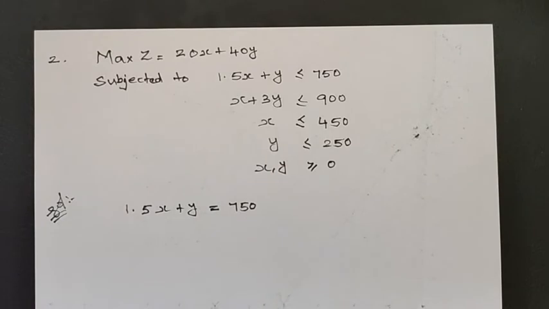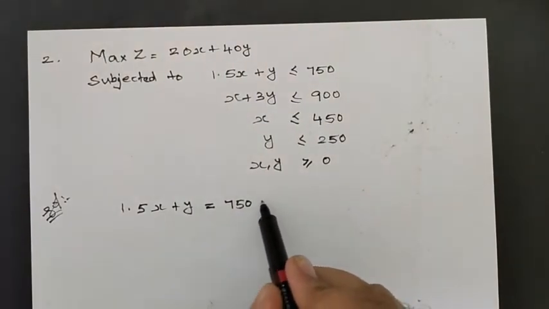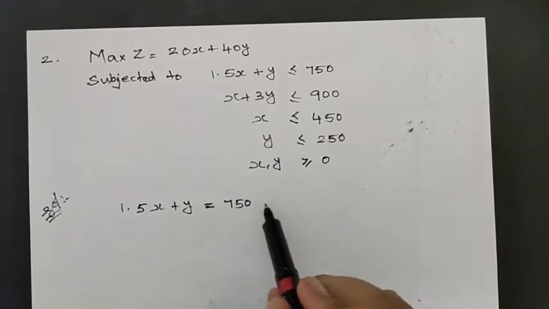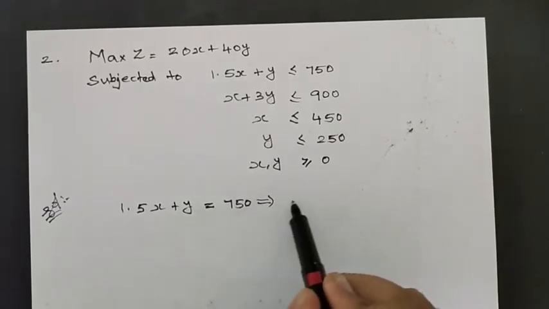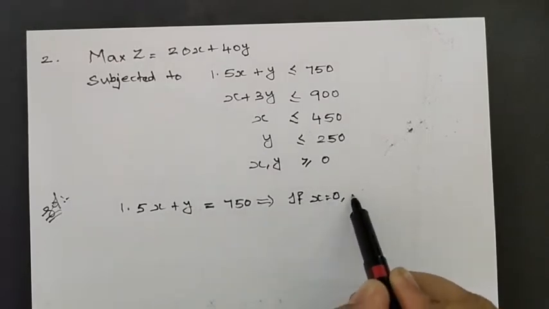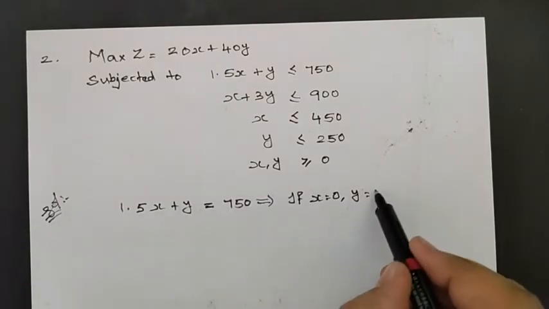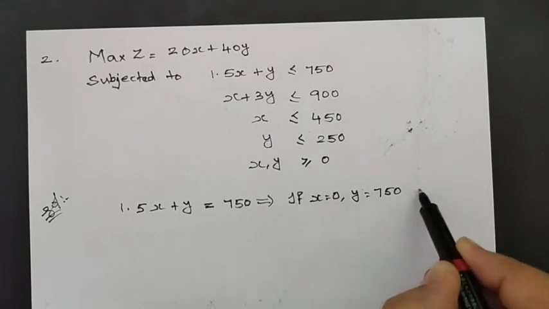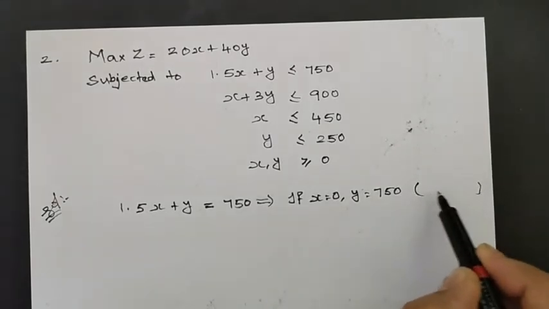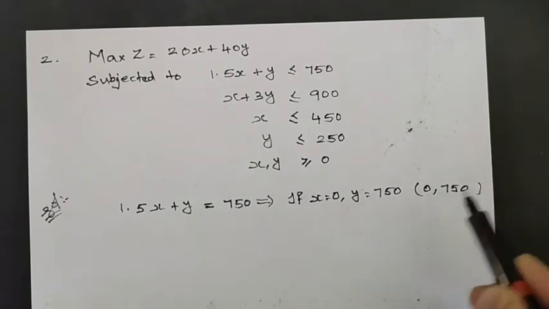Now let us find the vertices of this equation. If x is equal to 0, then what is the value of y? The entire x term is 0, so y is equal to 750. So the vertex is x value 0, y value 750.